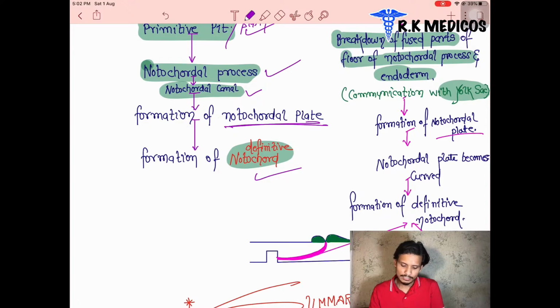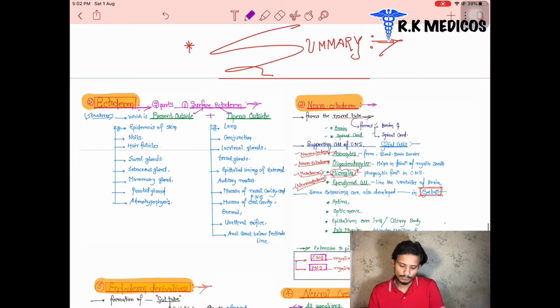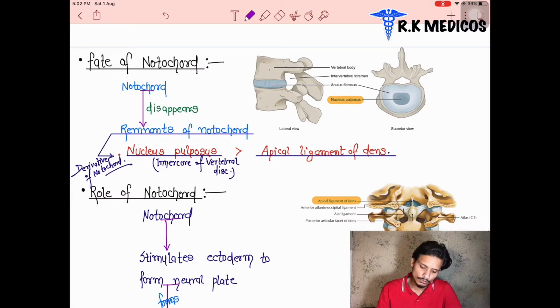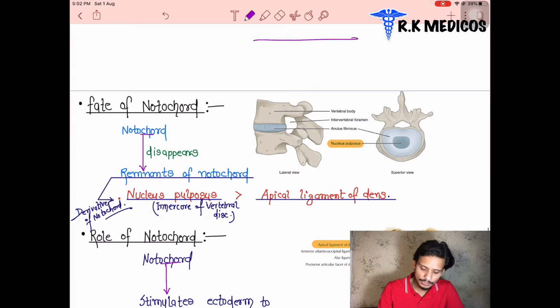Next point, here is the summary, something we see later, but for now you can come here. The fate of the notochord. After the formation of this notochord, suppose that this is the notochord. What is the role of the notochord?